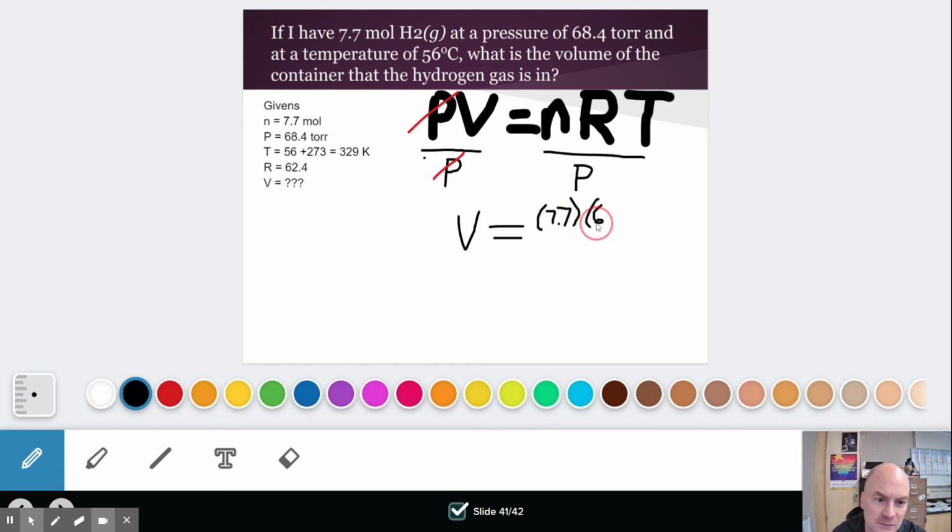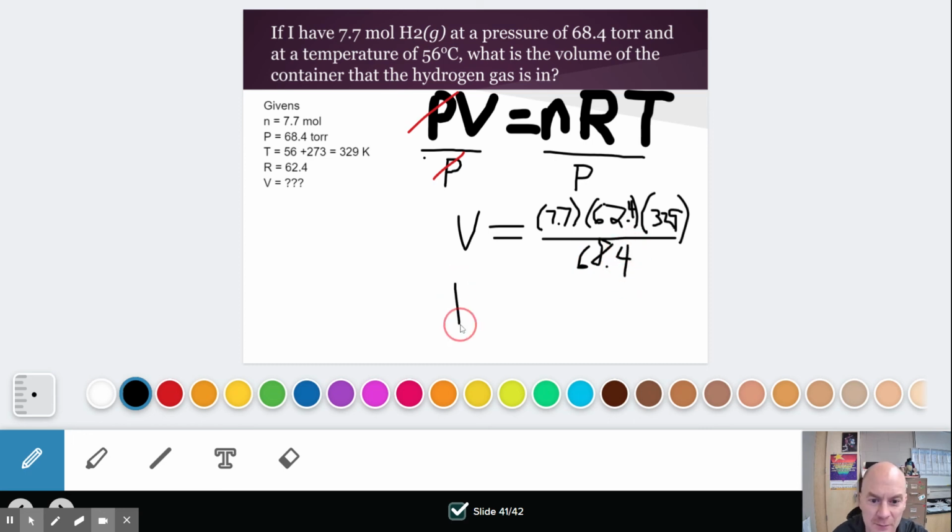R is 62.4. And then T, I've got to use the Kelvins. Okay, so if it's hard to read, these are the numbers from over here, divided by pressure, so 68.4.